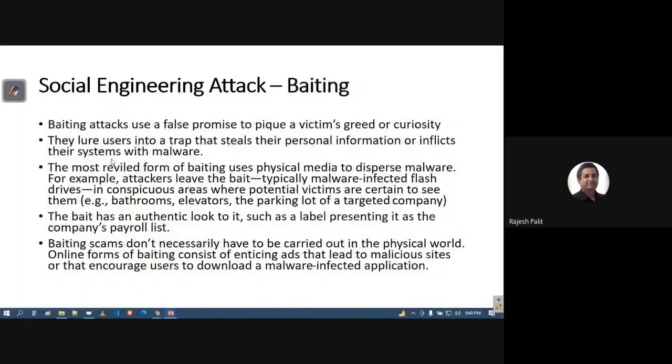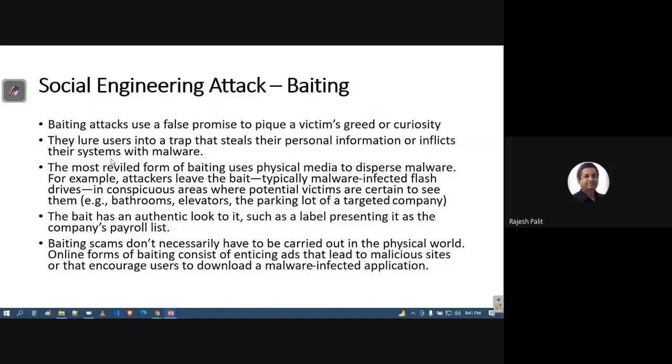So what is baiting? A baiting attack uses a false promise to pique a victim's greed or curiosity. They lure users into a trap that steals their personal information or infects their systems with malware. For example, the attacker puts a pen drive in a common place, say on the library table where you usually sit, or in the cafeteria or the common room.